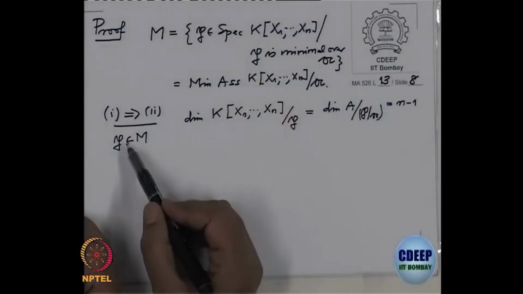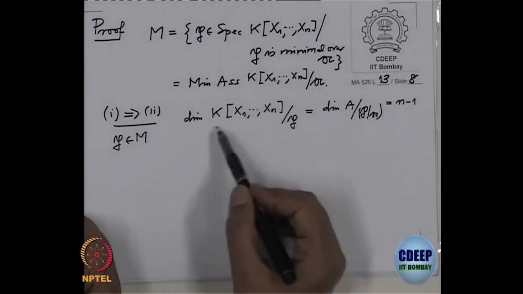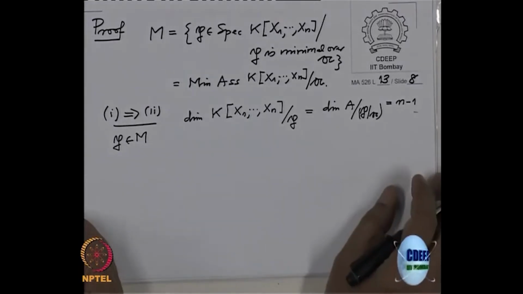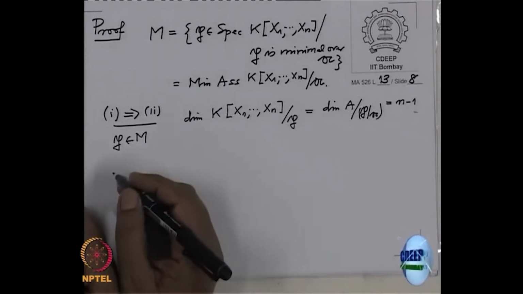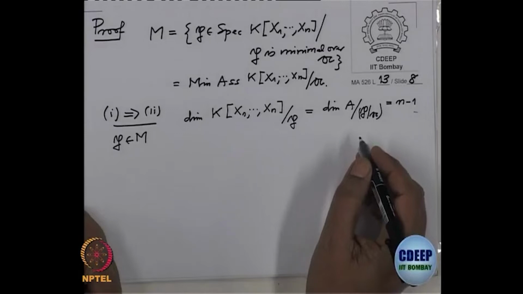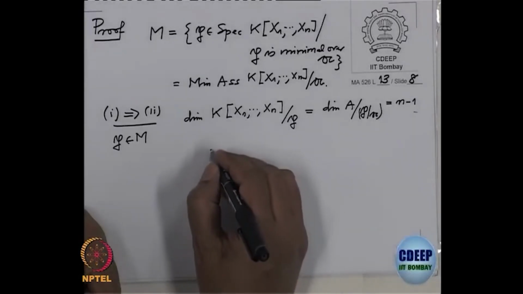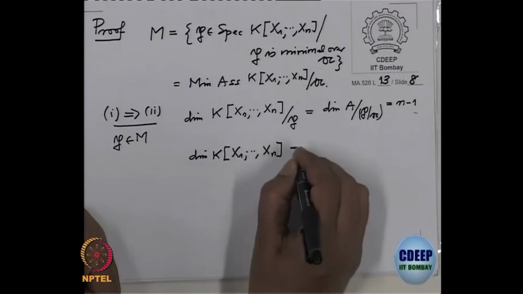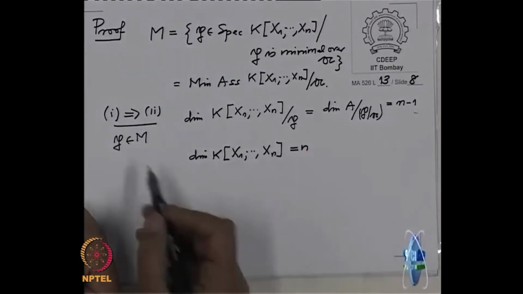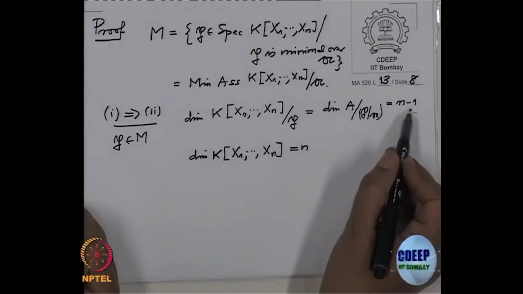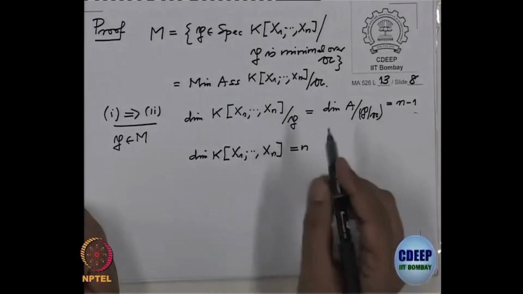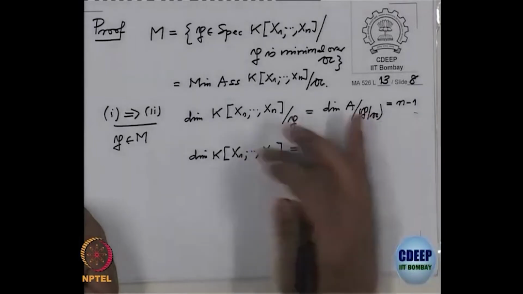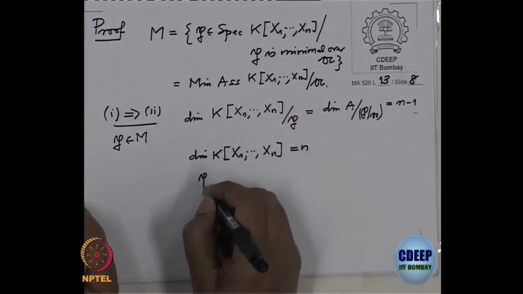So, we know that for each P in M, the dimension of K[x1, ..., xn] mod P is n minus 1. Now the dimension of K[x1, ..., xn] is n, and going mod P the dimension drops exactly by 1. So, in particular P cannot be 0. If P were 0, this would not be correct. So, P has to be non-zero first.